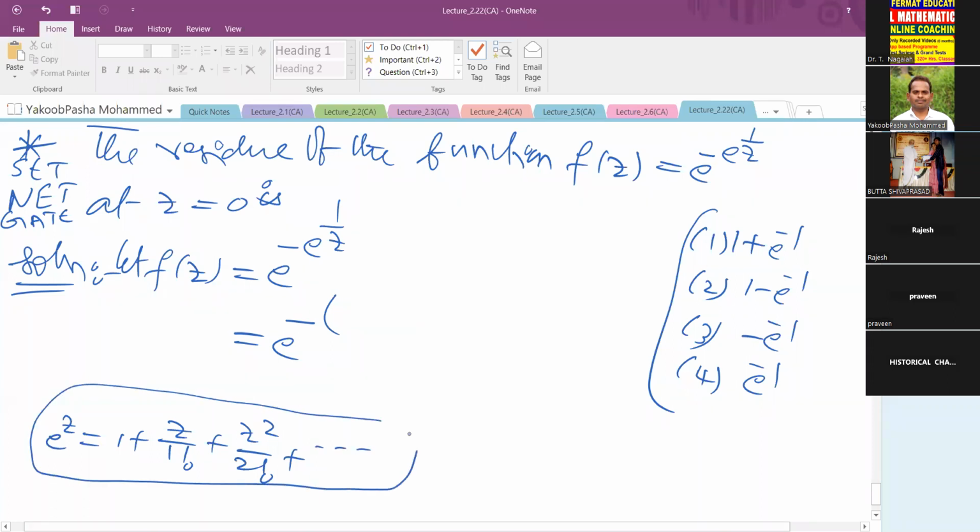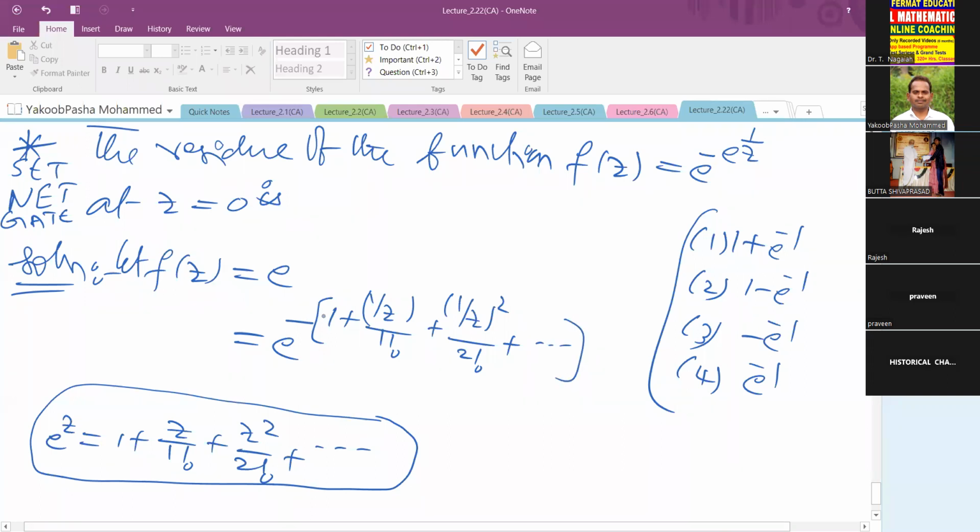According to this, we have to expand e to the power of 1 by z, which is 1 plus 1 by z by 1 factorial plus 1 by z whole square by 2 factorial plus 1 by z whole cube by 3 factorial and so on.